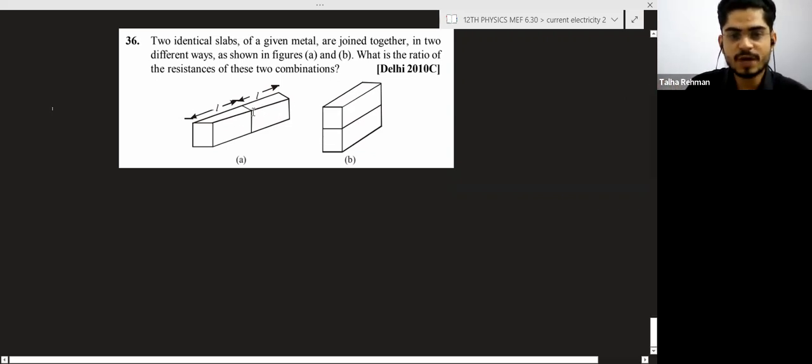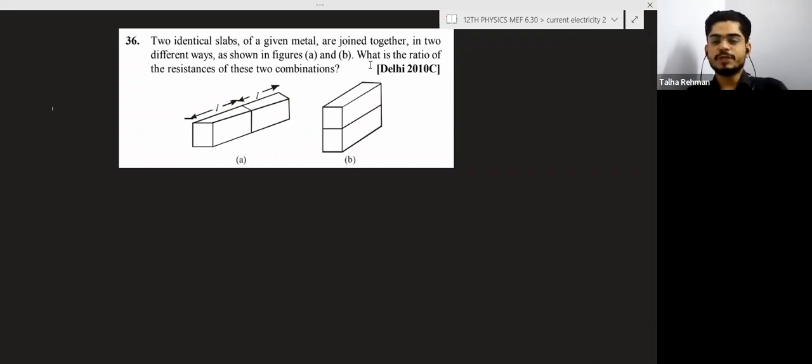First way to join the slab is this, and other way is this. They are asking what is the ratio of the resistances of two combination.